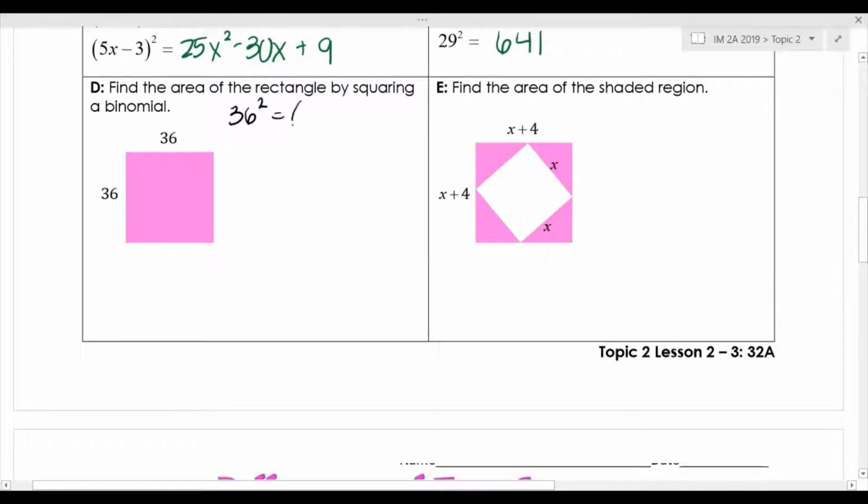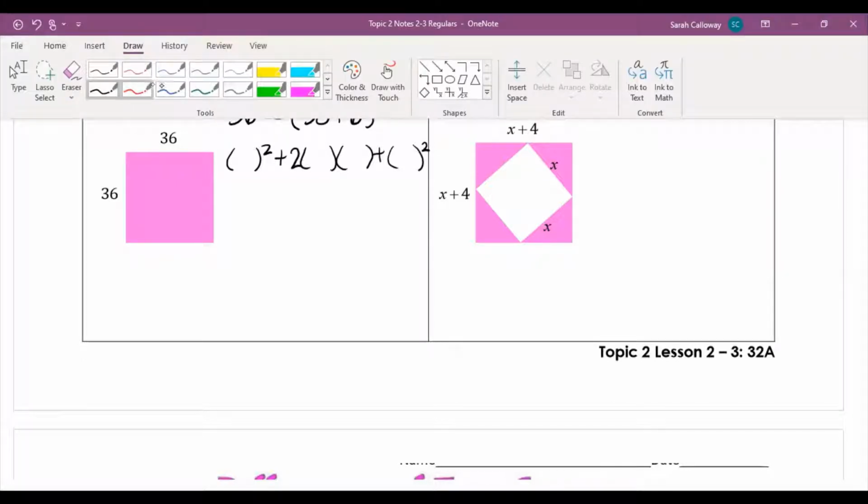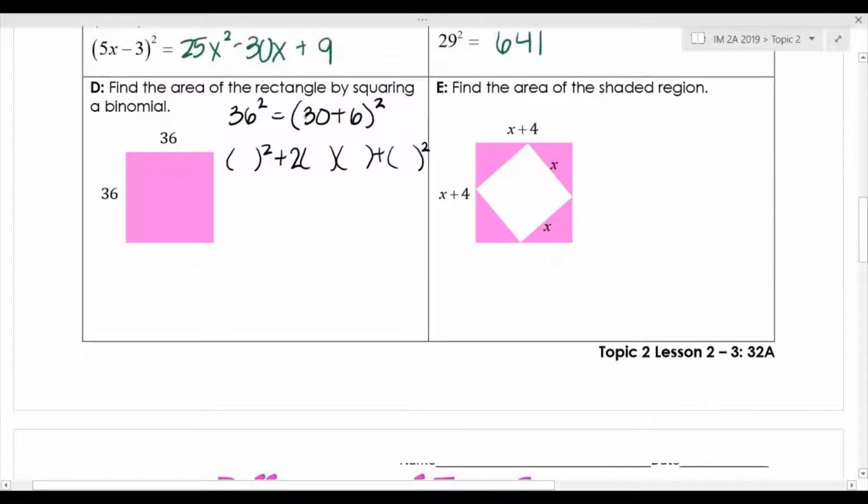So instead of thinking about it as 36 squared, I can think about it as 30 plus 6 squared. And then I can use my pattern of a squared plus 2 times a times b plus b squared. Okay, so looking at this, 30 is my a.